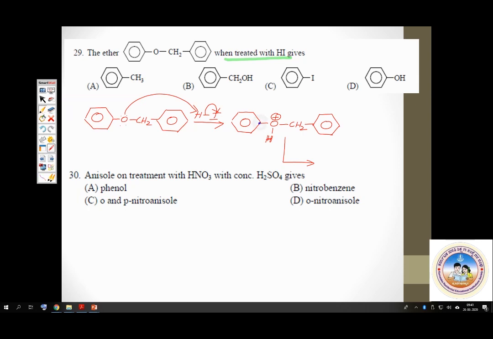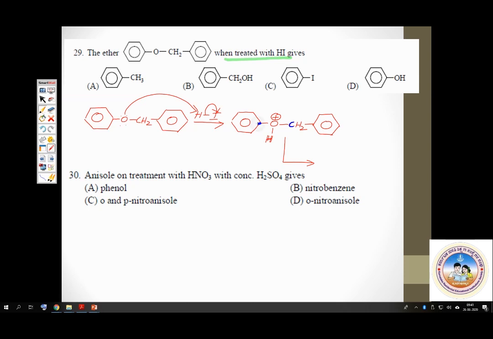So I minus will not attack the carbon of the benzene ring. Instead, it will attack this sp3 hybridized carbon atom.